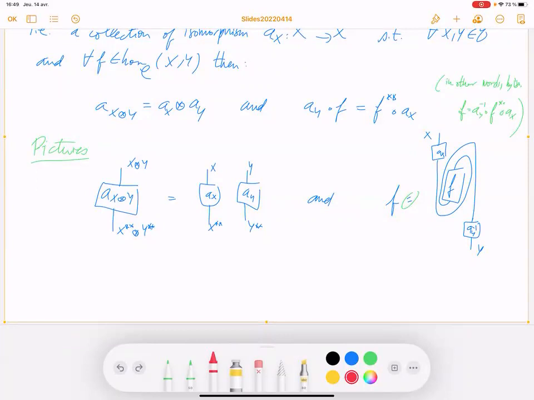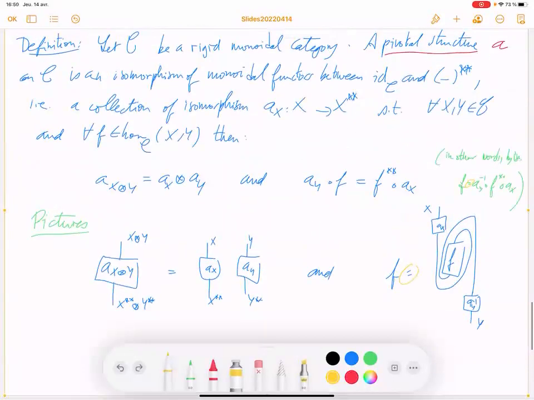I just wanted to note that here it's about this equality, not this one. Well, this is equivalent.